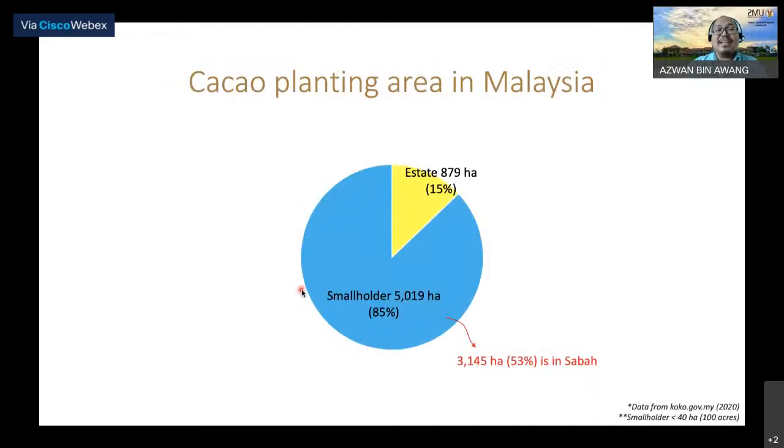And we see who the planters are, who are actually planting our cocoa. They are small farmers. 85% of hectarage in Malaysia is planted by smallholders, and 53% of these smallholders are in Sabah.